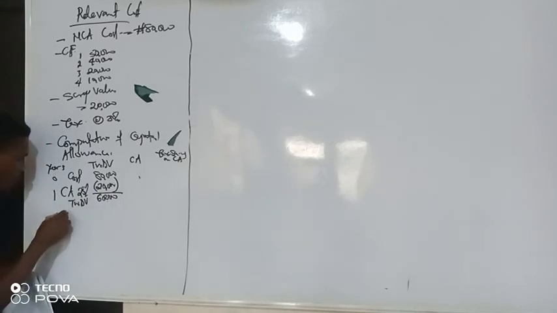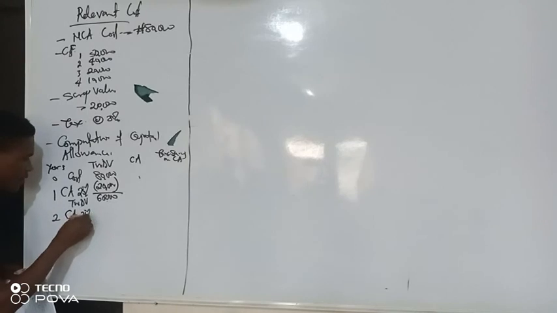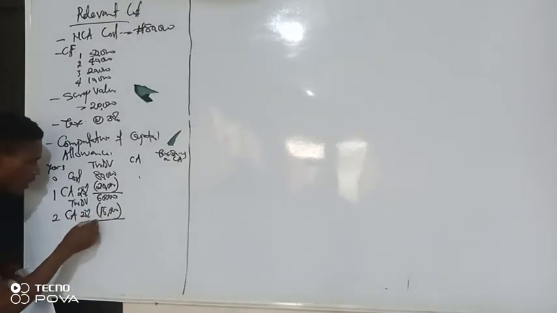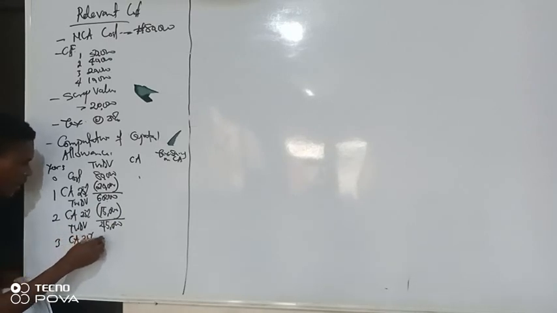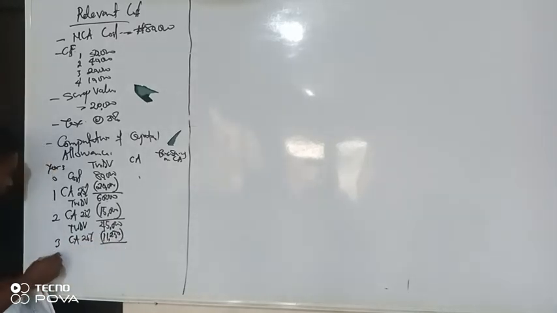For year 2, capital allowance at 25% is 15,000. Next we have 45,000 as our tax written down value. Then year 3, our capital allowance again at 25% is 11,250. Then by year 4, this is our tax written down value.